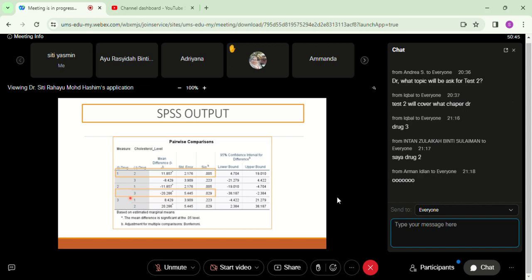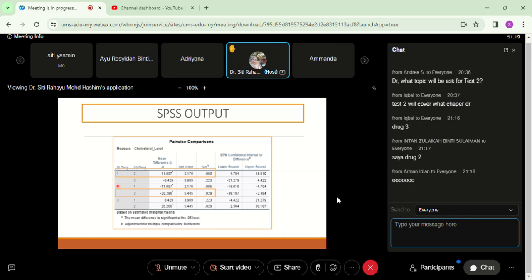Kalau drug 3 lebih tinggi kolesterol level, adakah dia lebih baik? Tidak. Okay, so tadi kawan kamu dah dapat jawab bagus dah yang ini. Tapi kenapa kamu confuse yang ini? Ya, ini positif sebab drug 1 lebih tinggi kolesterol level daripada drug 2. So it means that drug 2 can actually decrease your cholesterol level significantly compared to drug 1.